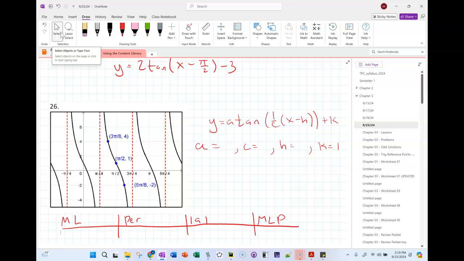Do it. Will, stop drawing stuff. Oh, try that. Okay, cool. Incredibly slow. Wait, what's that?